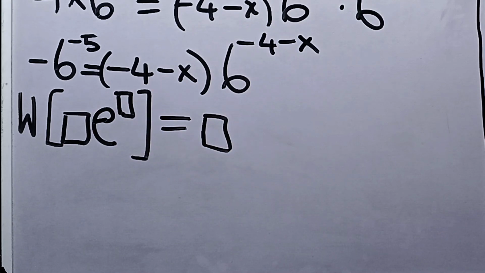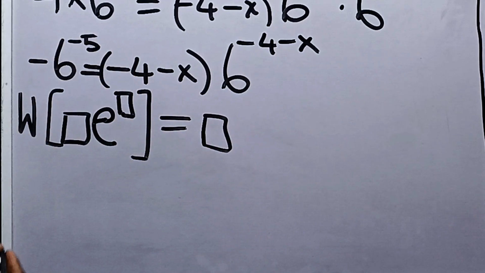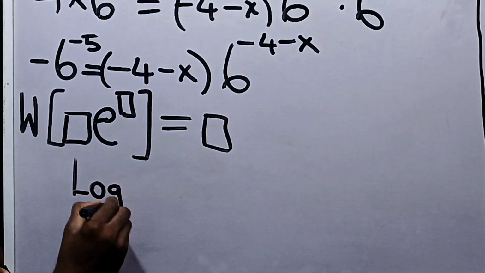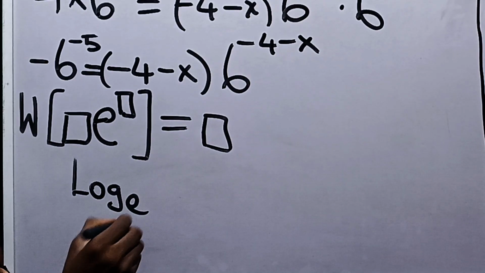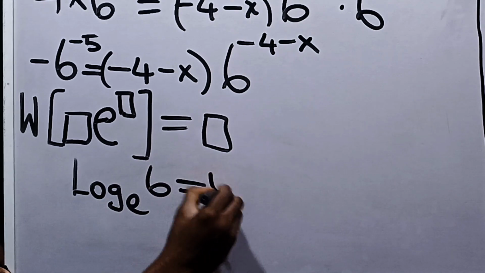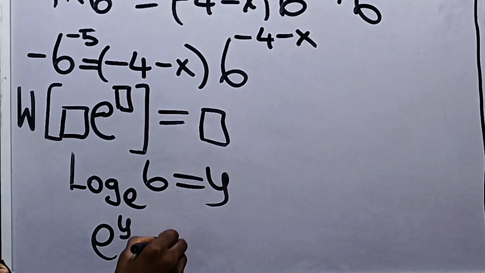Now, sweet deal. But we have 6 here. Let me show you something. When we have logarithm in base e of, say, 6 to be equal to y, then e raised to the power y is equal to 6.